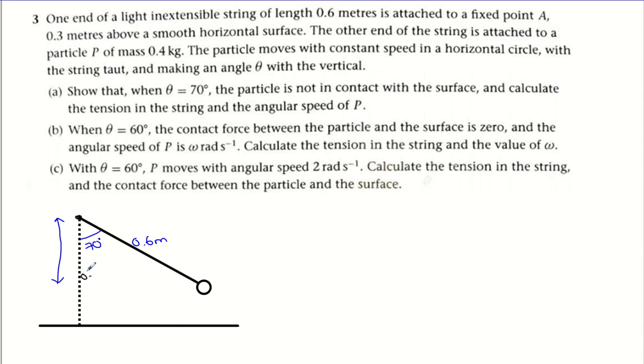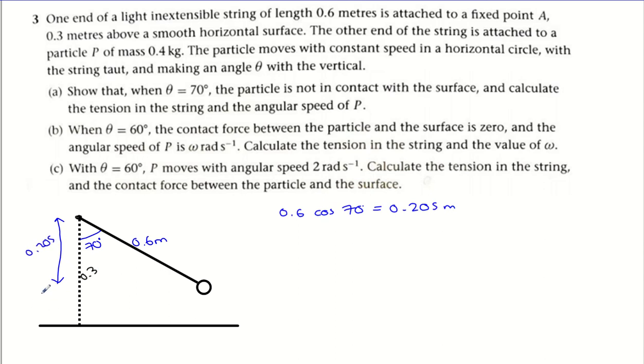So if 0.6 cos 70 is less than 0.3, then we've proved that it is actually in the air. So 0.6 cos 70 is 0.205 meters. So it's definitely off the surface.